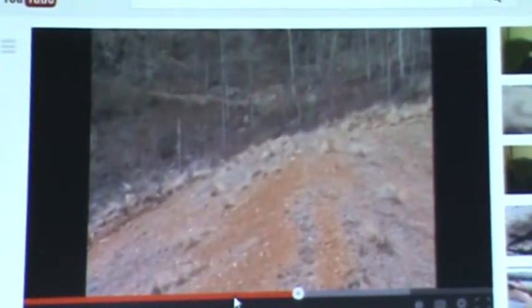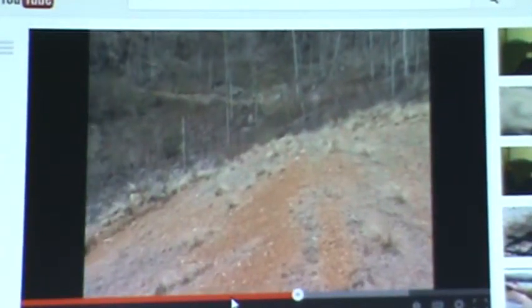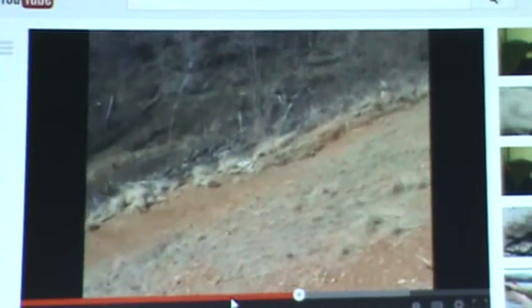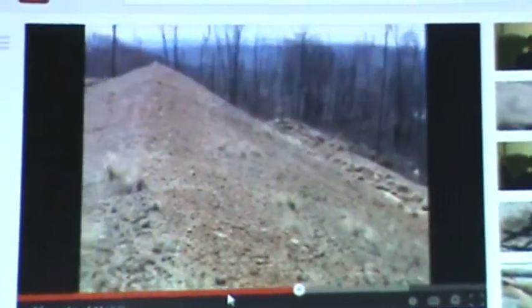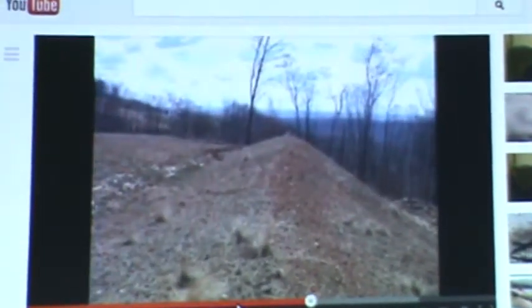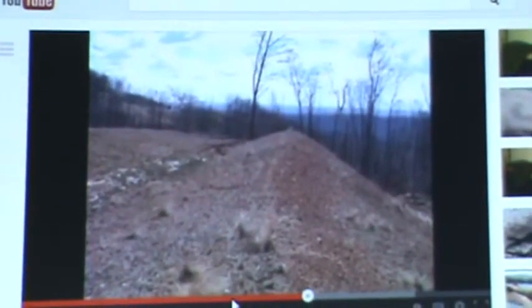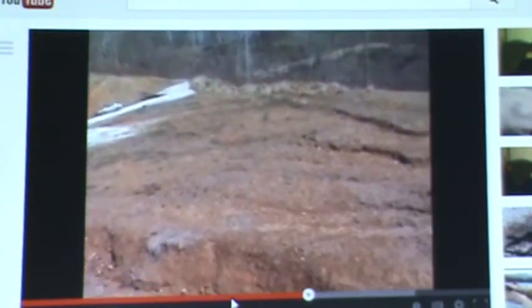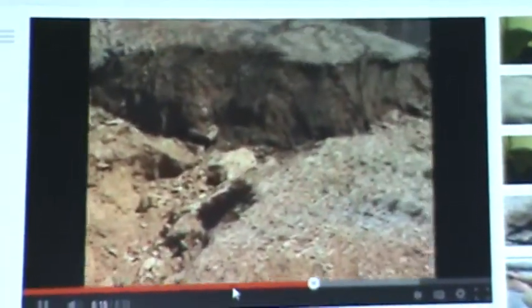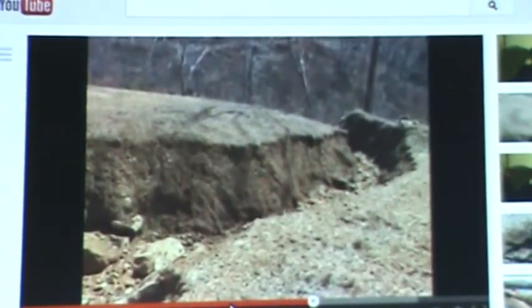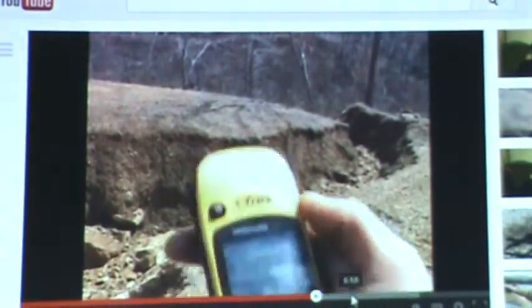If we go back up onto some of these sites, we're going to find violations again, which means they're going to have to bring the dozers out, which means it's going to cost them more money. So once you find violations on a site, other than the leaking gas wells, you can continue to find violations and continue to cost the companies money. So you see these really big gullies that are formed.